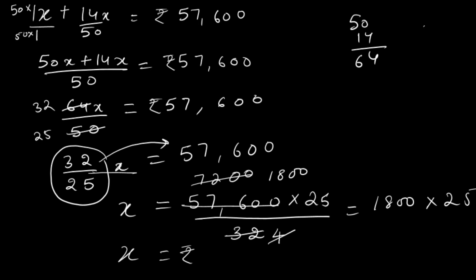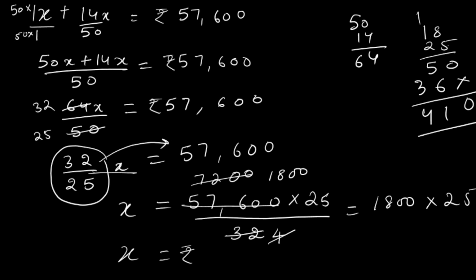Now 18 into 25 we can multiply. So here I am getting 45,000. You people are getting 45,000.